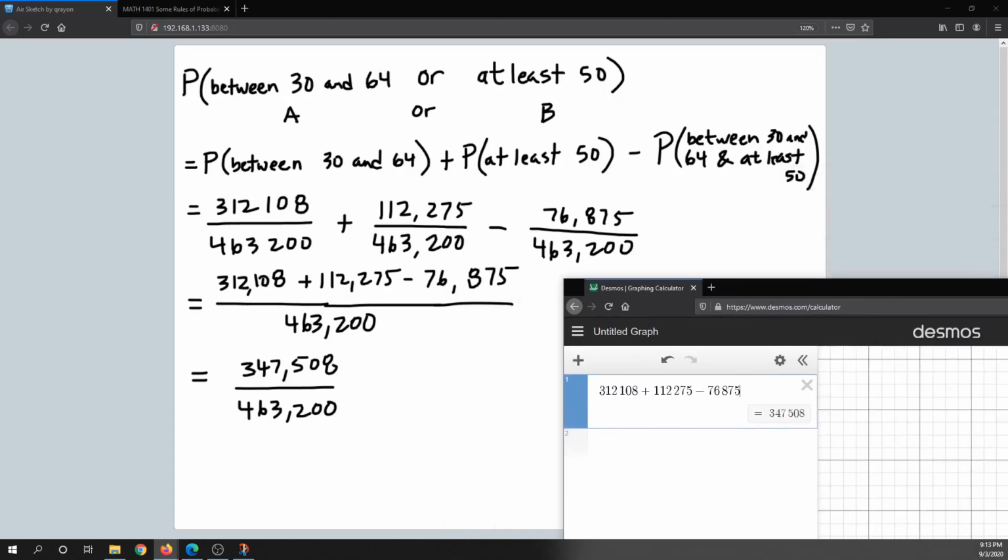All right, and then let's go ahead and just get a decimal approximation here. So 347,508 divided by 463,200. All right, and I get 0.7502, 3 decimal places, right.